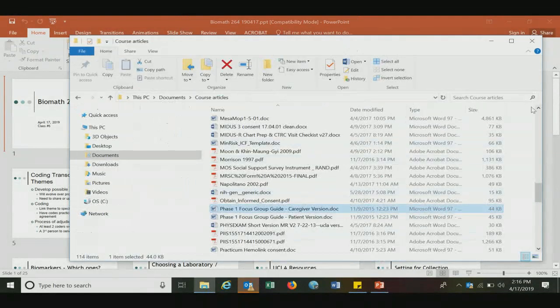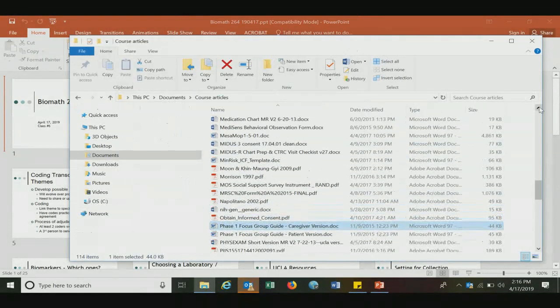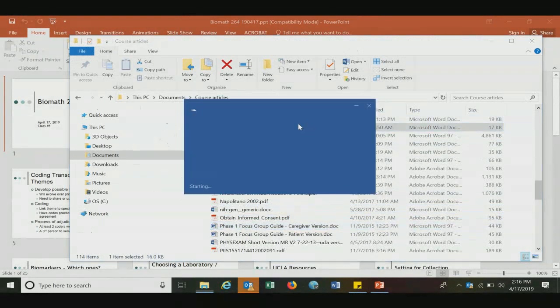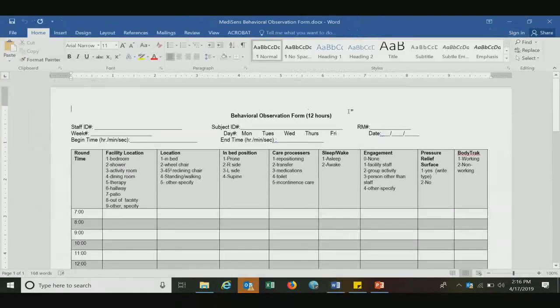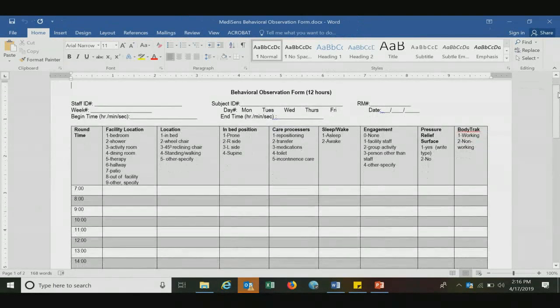This was an observational study in nursing homes, and the MediSense was this sensor pad that you put in folks' beds, and it would allow you to see how often are they turning, how are they moving, that kind of thing.